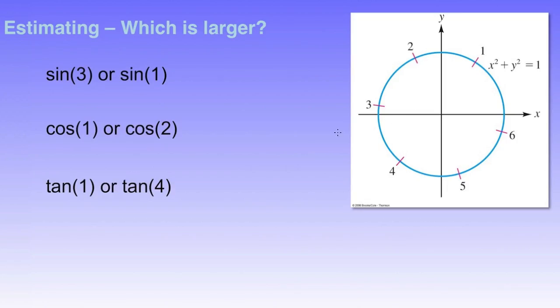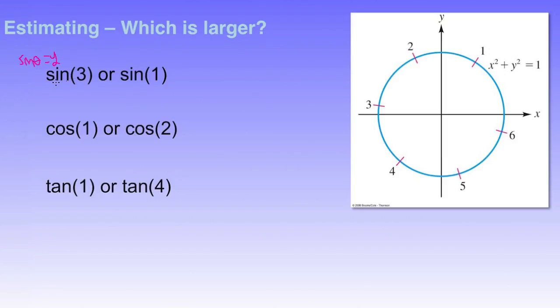The last thing asks you to do some comparisons between sines and cosines using radians. Here is a circle with radian angles measured out. In other words, the initial side to this point here gives us an angle of 1 radian. The initial side to that point here gives us an angle of 2 radians, and we're supposed to compare these. Using trig definitions, we know that sine is the y-coordinate.